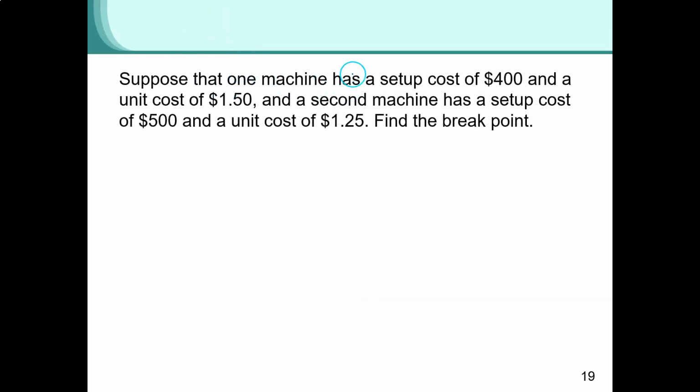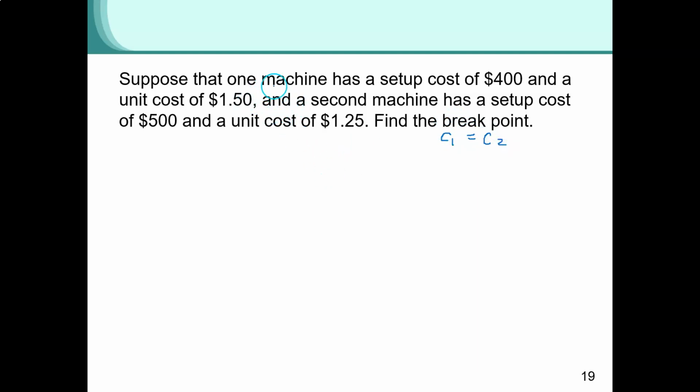Suppose one machine has a setup cost of 400. The unit cost is 1.50 per unit. The second machine has a setup cost of 500. The unit cost is $1.25. We find the breakpoint. According to the definition, the breakpoint is where the first cost equals the second cost.